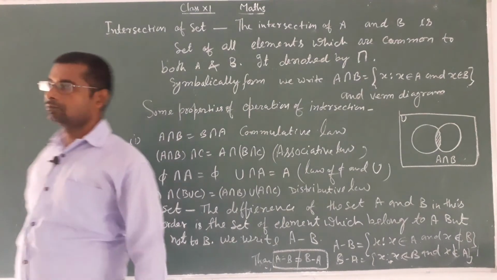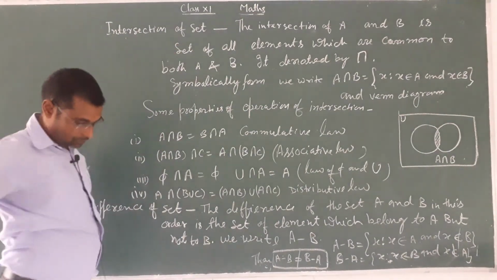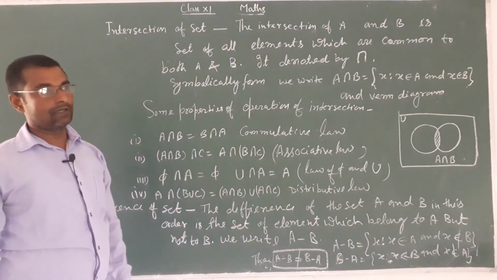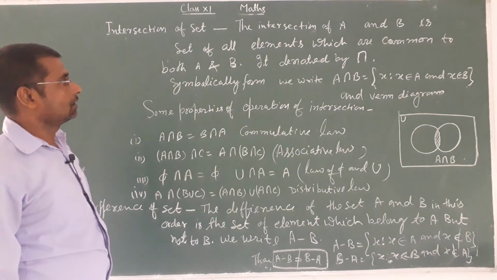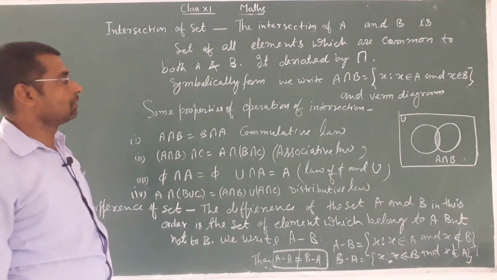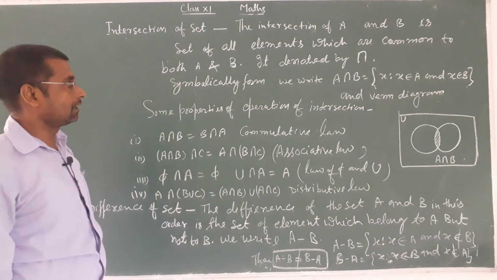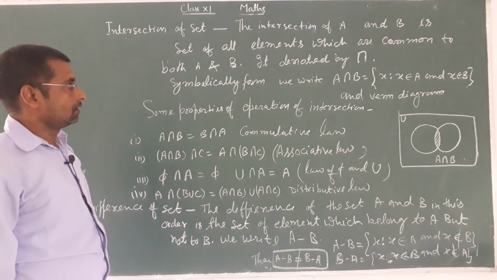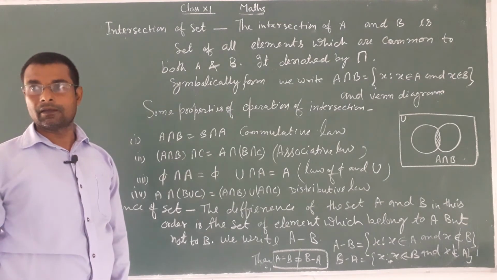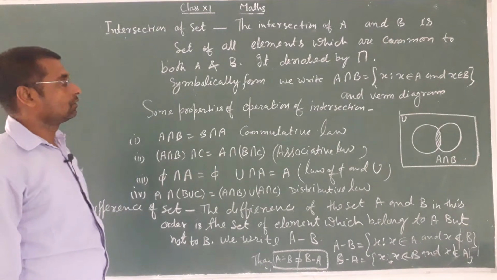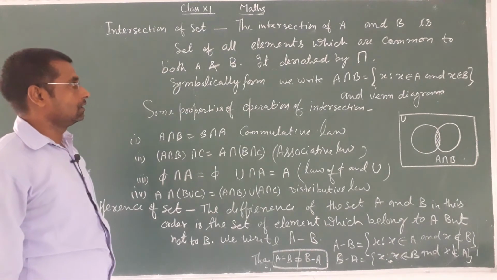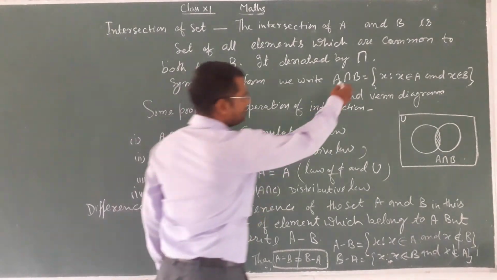And also intersection of sets. The intersection of two sets A and B is the set of all elements which are common to both A and B. The common elements of sets A and B are known as the intersection of sets A and B. It is denoted by this symbol.